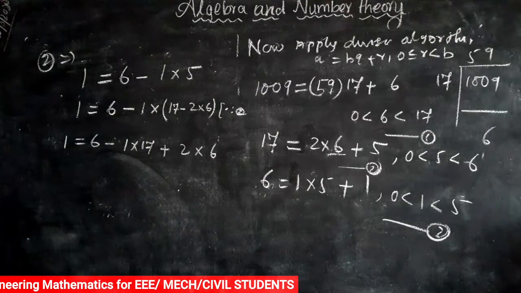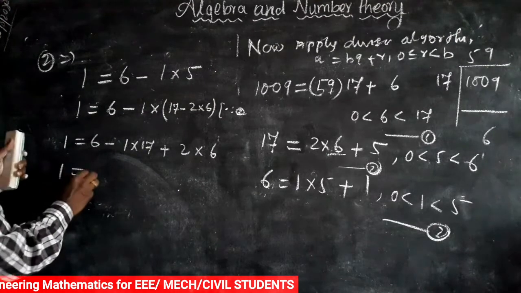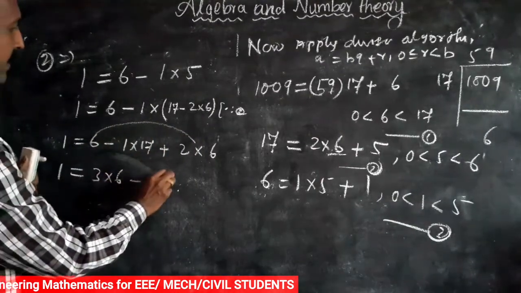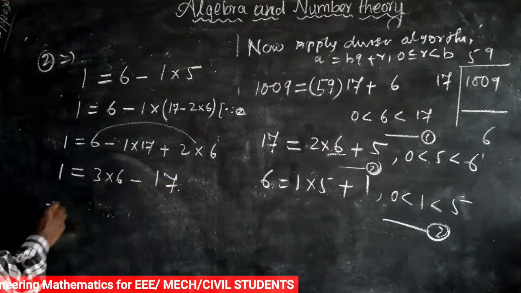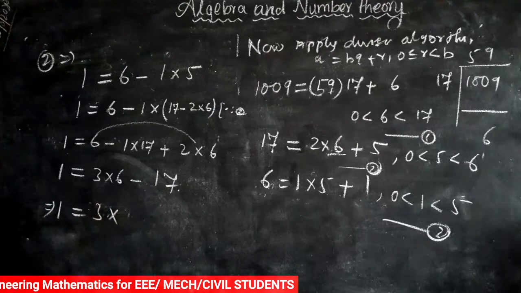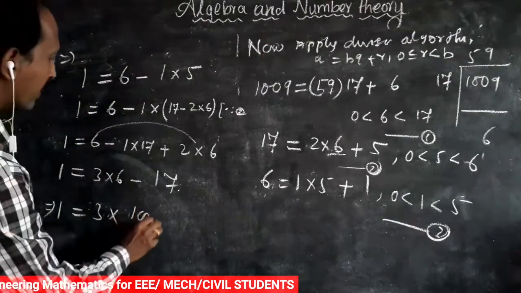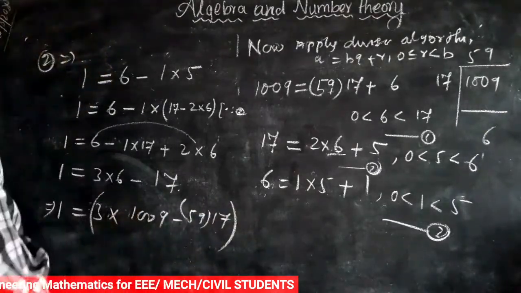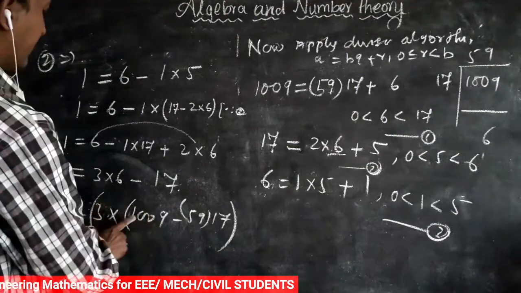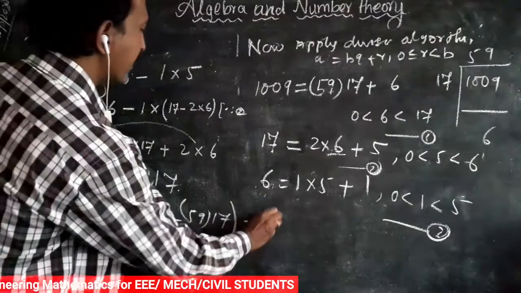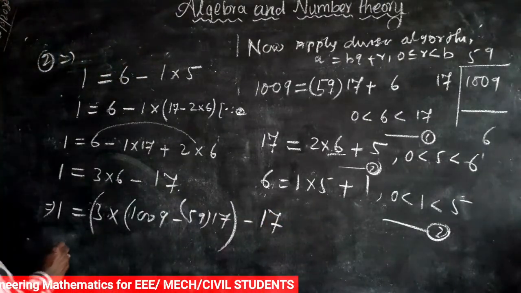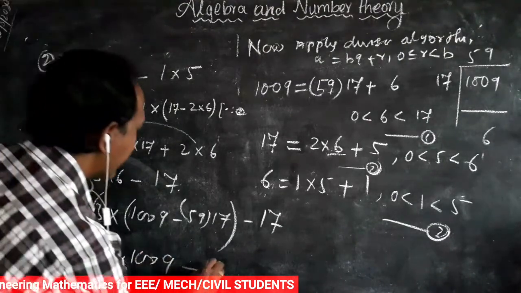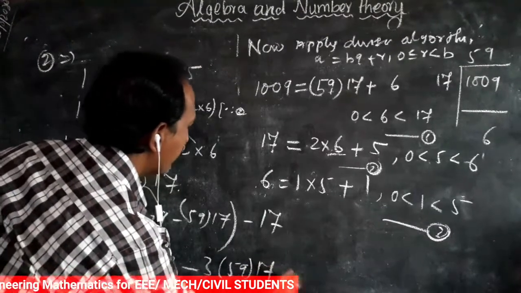So 1 is equal to 3 into 6 minus 17. Using 6 equals 1009 minus 59 into 17, that is 1 is equal to 3 into 1009 minus 3 into 59 into 17 minus 17.